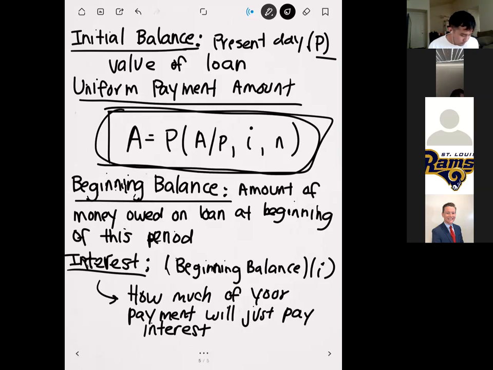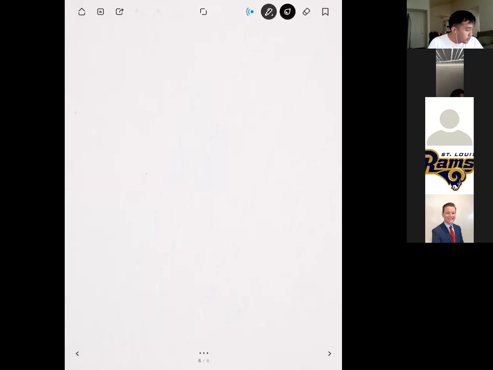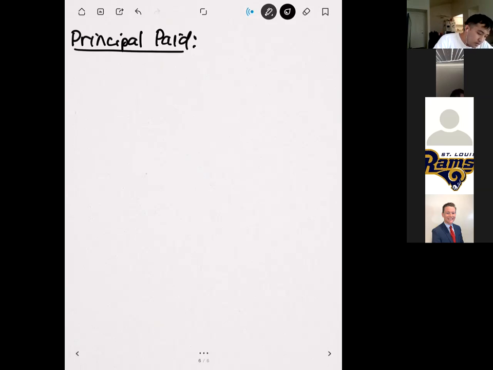Okay. And so next is the principal paid. What this represents is how much of your payment is actually going towards repaying the loan, or in other words, how much of this is going towards paying off the balance.